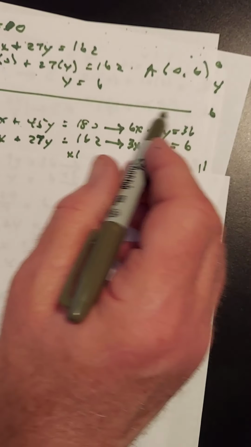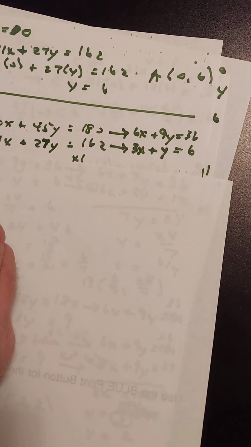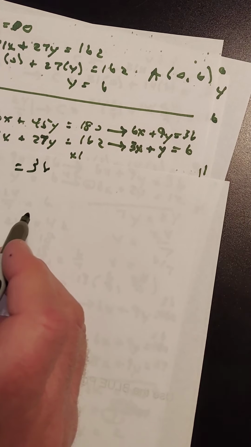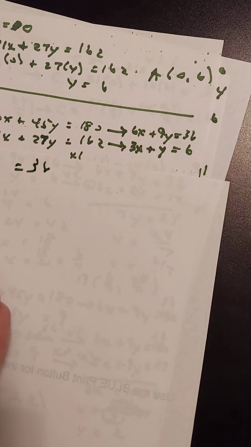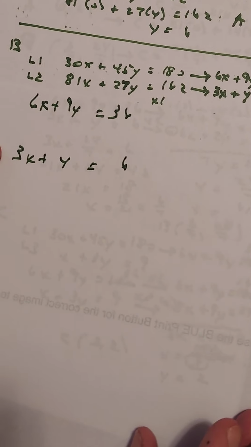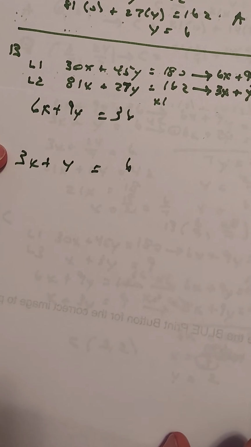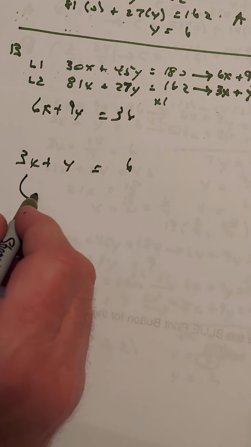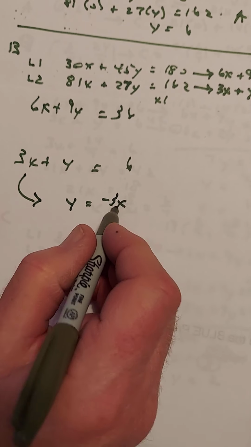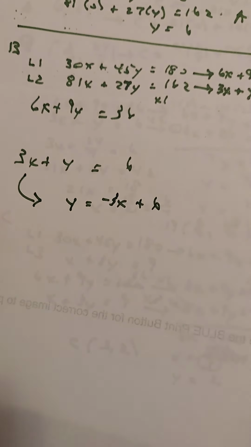And B, I'm just going to go ahead and jump. Let's say we had 6x plus 9y equals 36, and we had 3x plus y equals 6. Now, I use linear combination, but like this equation, you could say that's y equals negative 3x plus 6.